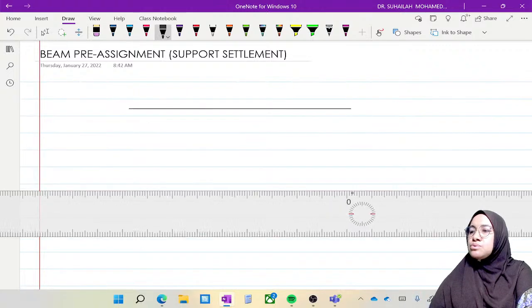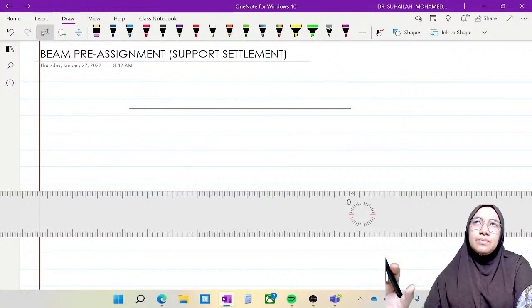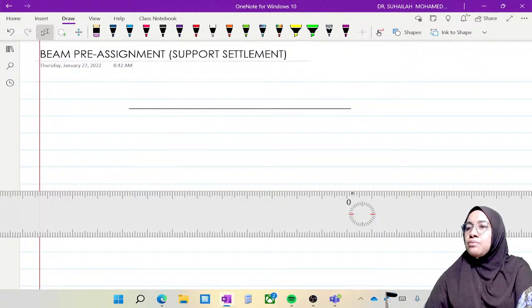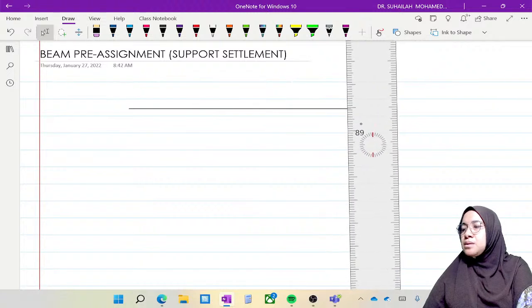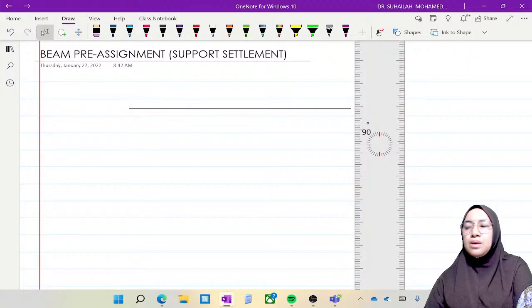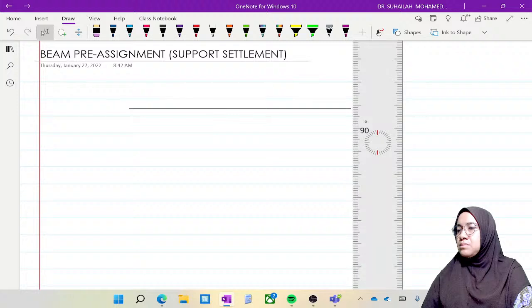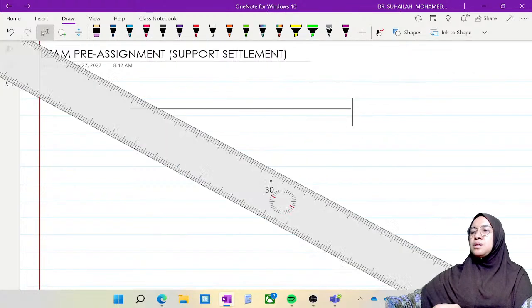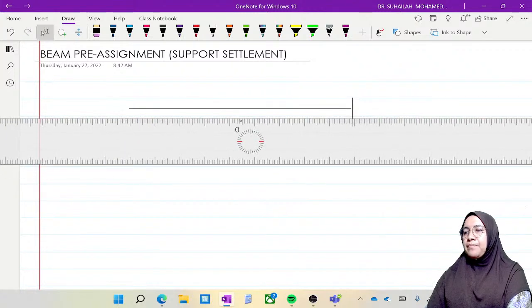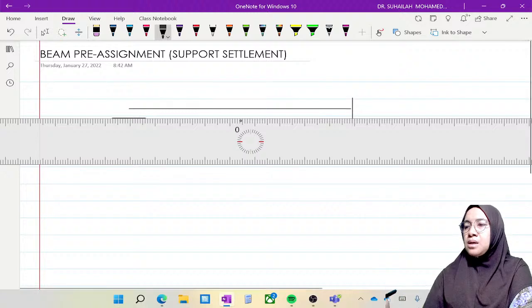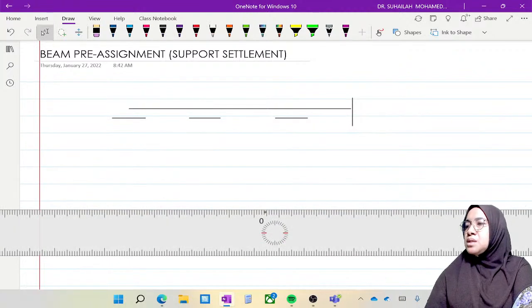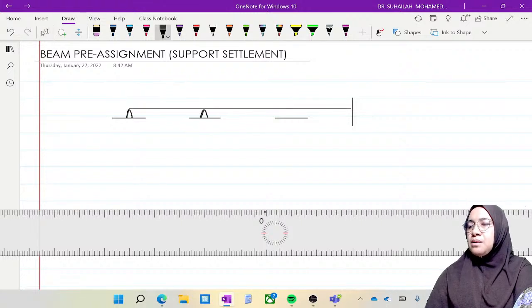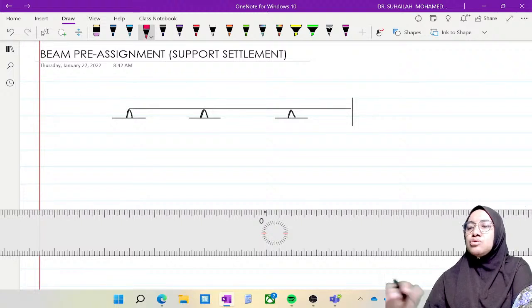I want to put 3 spans, with one fixed support at D, and roller or pin supports at A, B, and C. So this is pin and pin. This is a continuous beam.